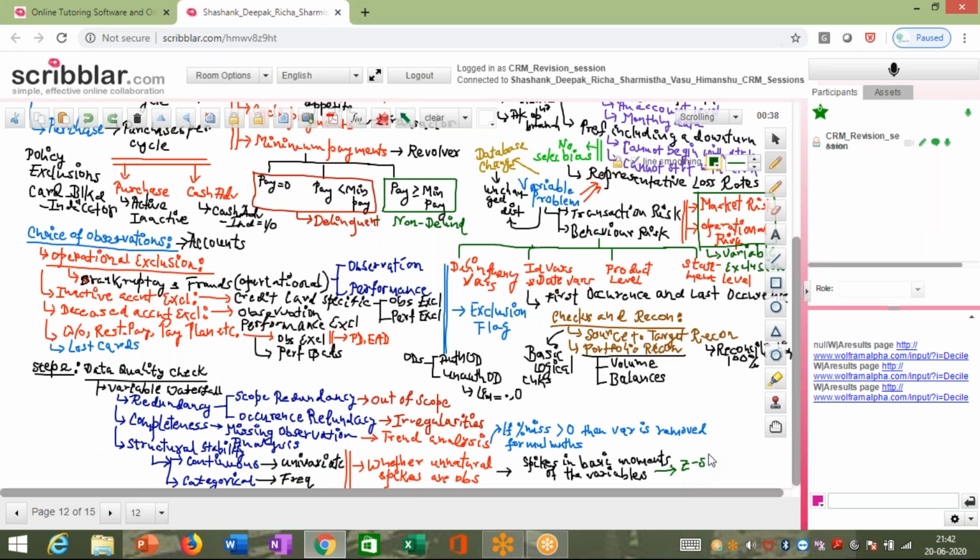If the Z stat is 3 or exceeds 3, we say it is red. There are pattern measures as well. So we have the spikes in the basic moments of the variable, and the Z stat: if it is less than 3, we put it at green; if it is greater than or equal to 3, it is at red.